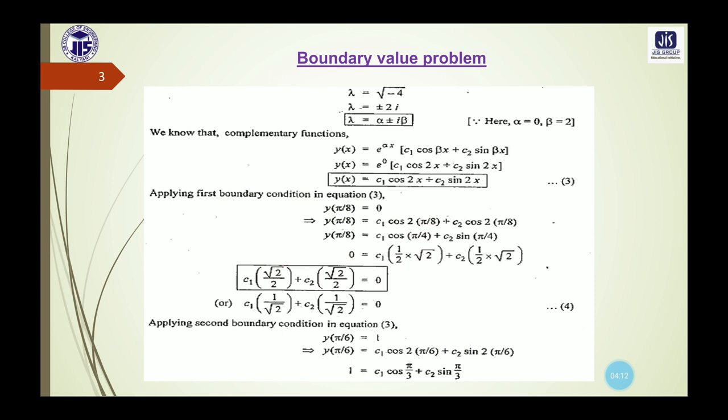Now if we apply the boundary condition in equation number 3: when x equals pi by 8, then y(x) equals 0. Putting x equals pi by 8 in equation 3, we can write y(pi/8) equals c1 cos pi by 4 plus c2 sin pi by 4.